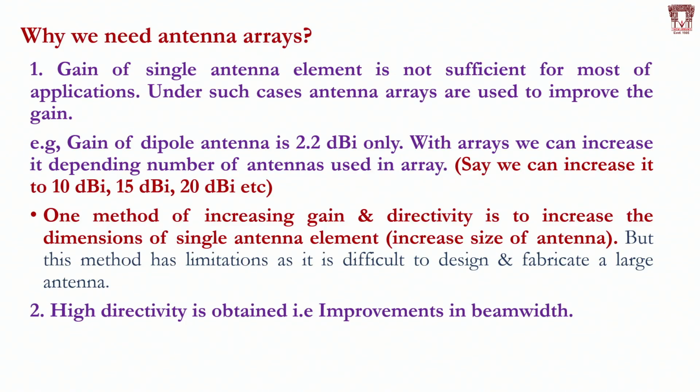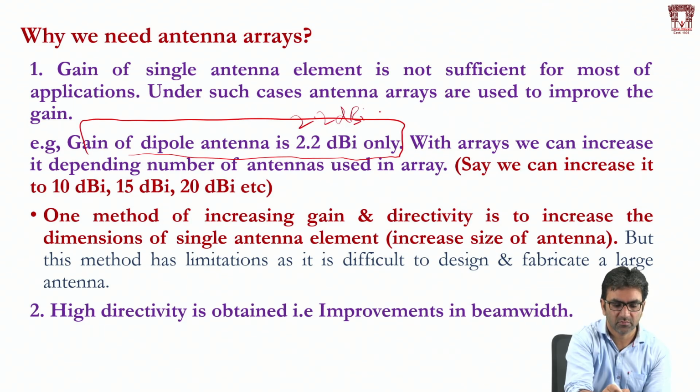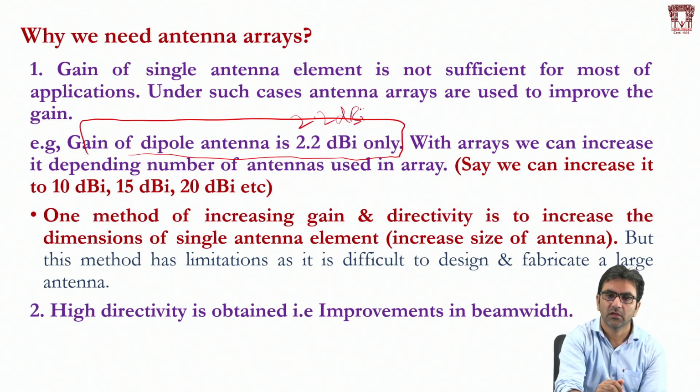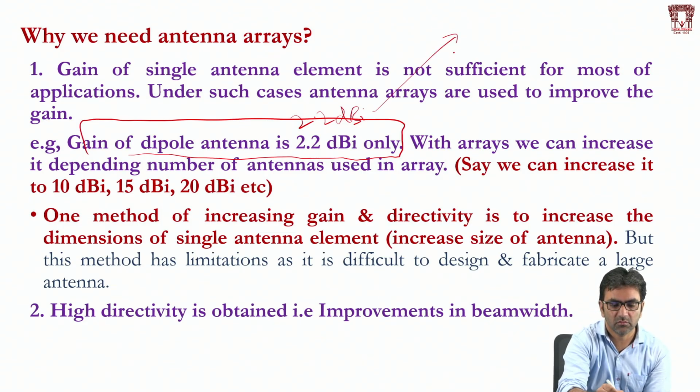The first one is that the gain of an individual antenna is not sufficient for most communication applications. For example, the gain of a dipole antenna is 2.2 dB, but in most applications we need a gain of more than 2.2 dB.